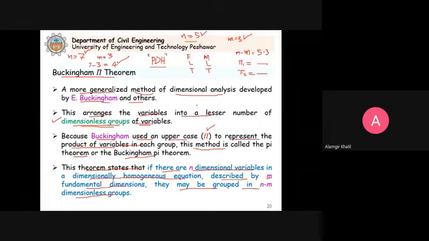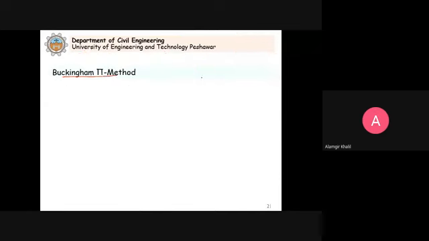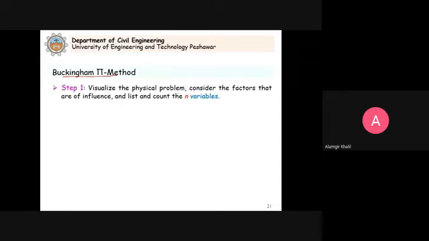So to come from 7 to 4 or 5 to 2, we can do this in several ways. One of the methods, which is a systematic, step-by-step method that we will explain, is known as the method of repeating variables. This is what we will study, and this is what is given in your textbook.